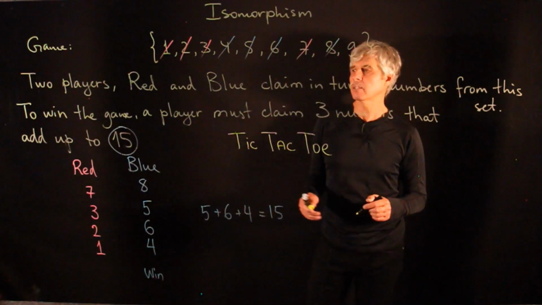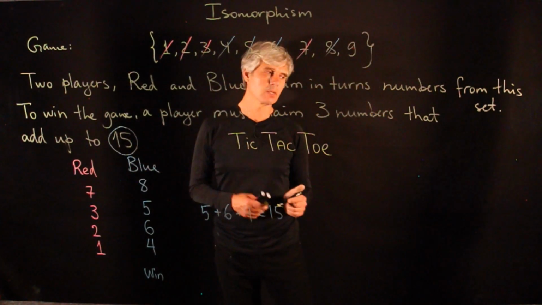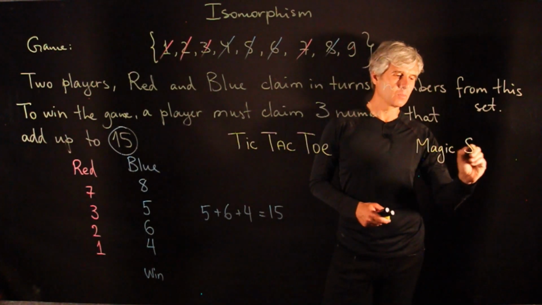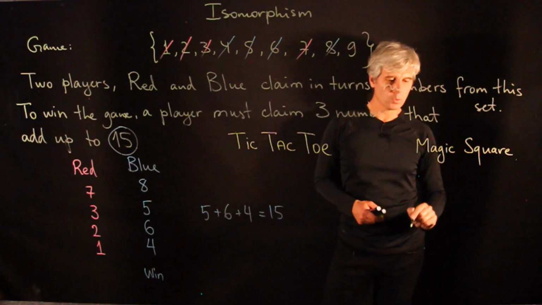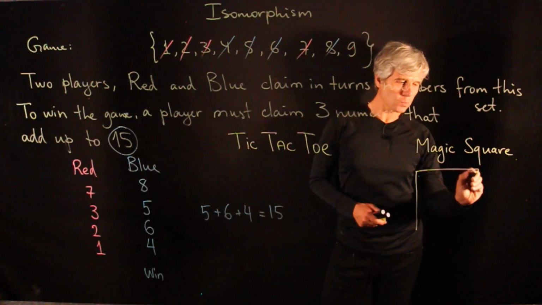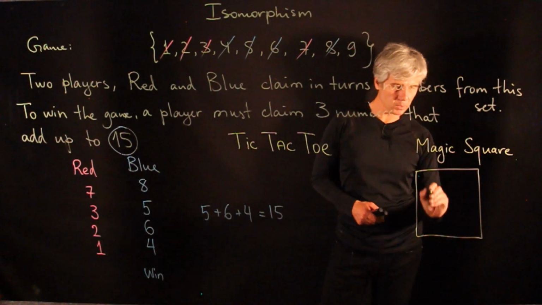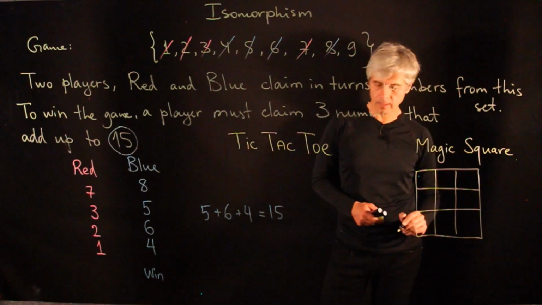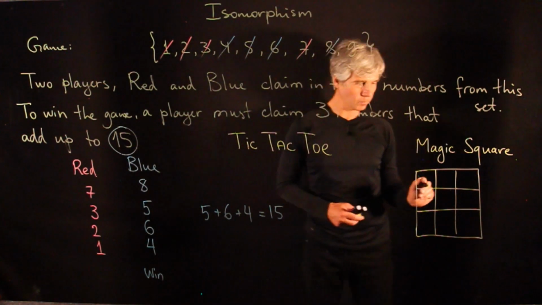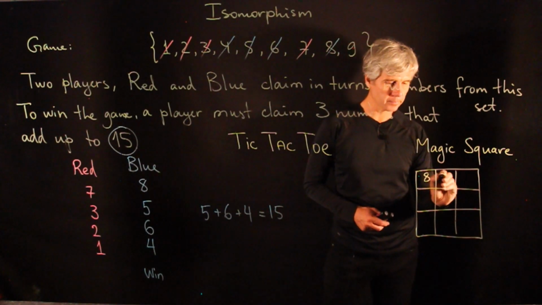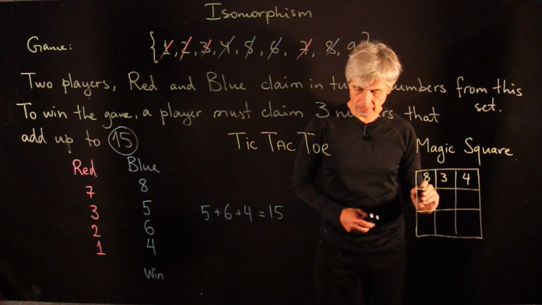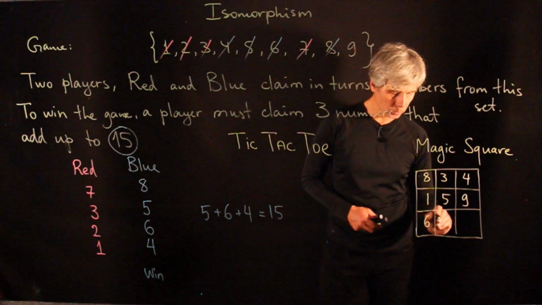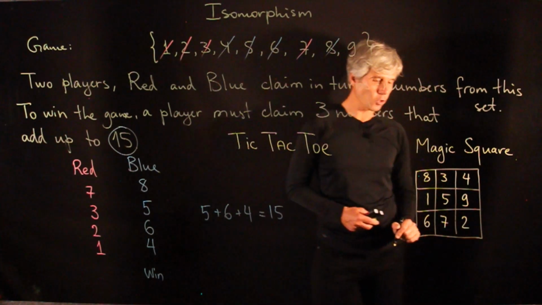But this isomorphism between these two games is not at all obvious. And to construct the isomorphism between these two games, we need something called a magic square. So what's a magic square? A magic square is a 3 by 3 square filled with numbers from 1 to 9 that has the property that everything adds up to 15 in each row and each column.